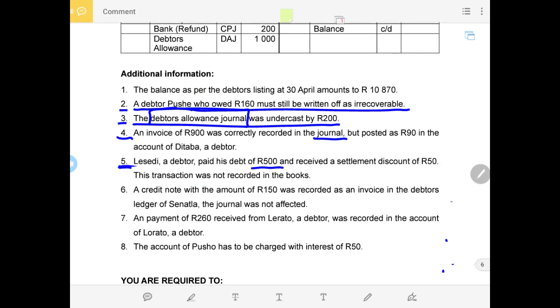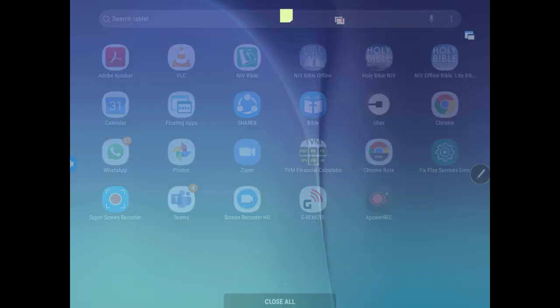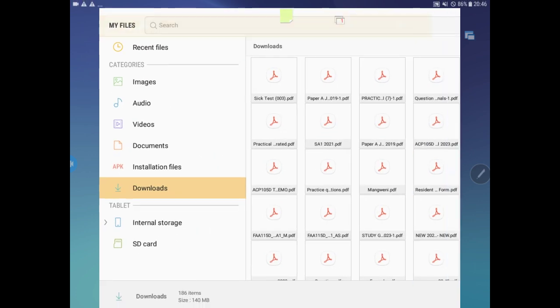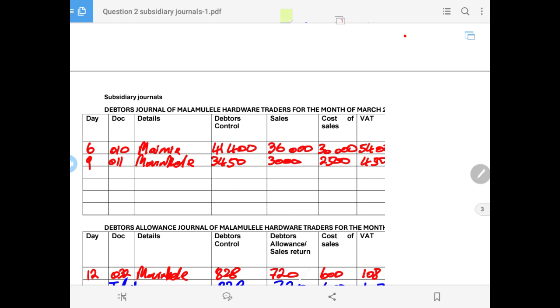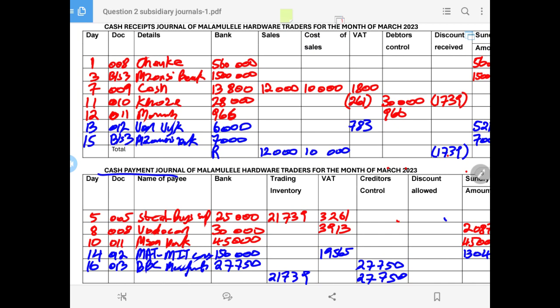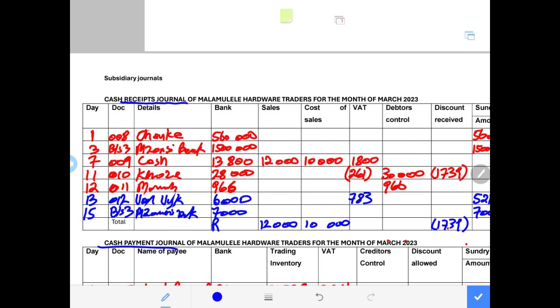When we say the books of the business, we are referring to our subsidiary journals. Remember, this is money we have received. That means it was not recorded in the cash receipt journal. This journal is our books. So nothing was recorded in the cash receipt journal.